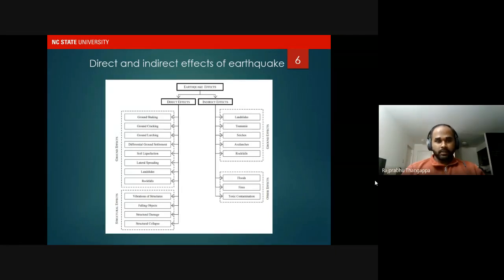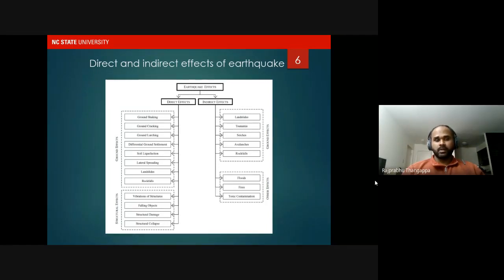So when you take ground effects, you can see ground shaking, ground cracking, differential ground settlement, soil liquefaction, lateral spreading, landslides, and rock falls. And when it comes to structures, predominantly vibration of structures, falling objects, and structural damage and structural collapse is what we are interested in. So moving on into the presentation, we might not be concentrating on all of these aspects.